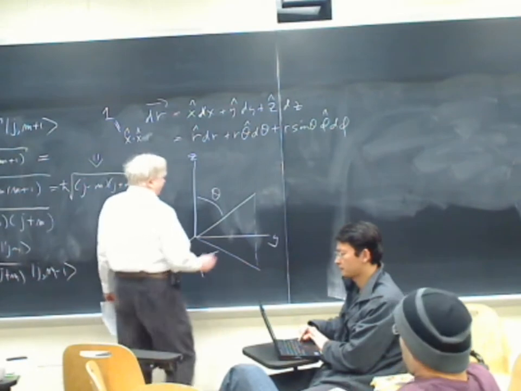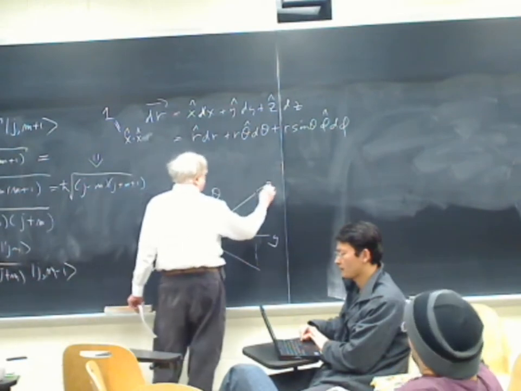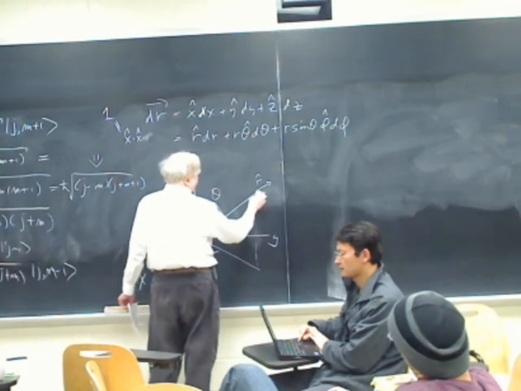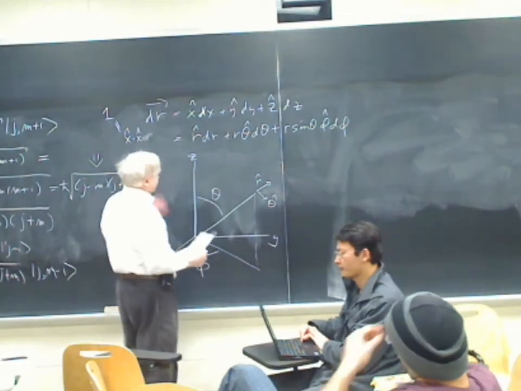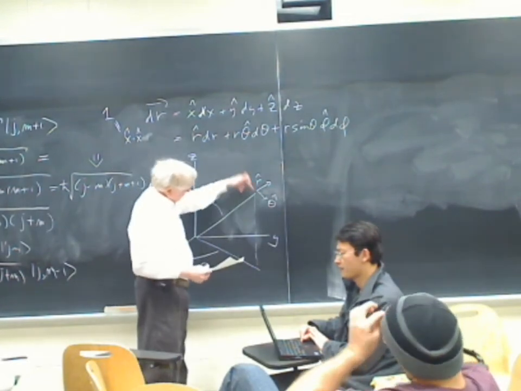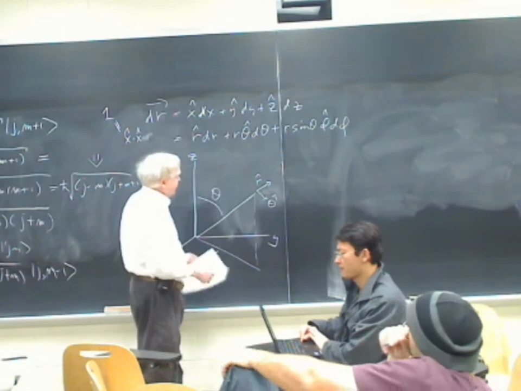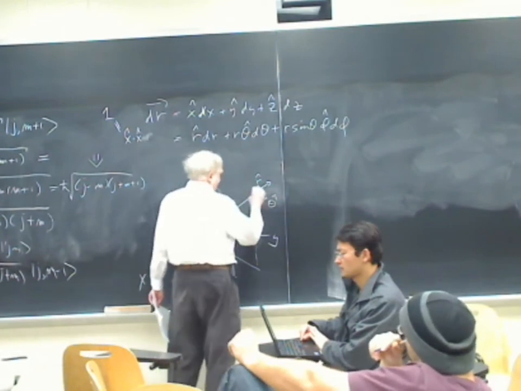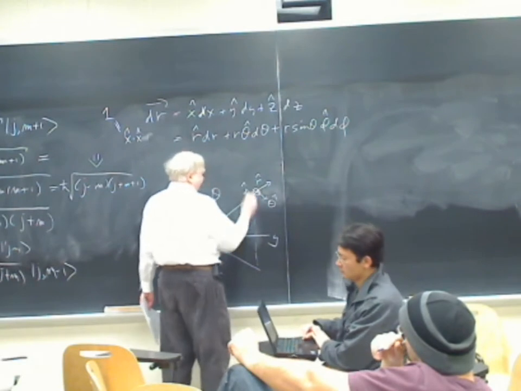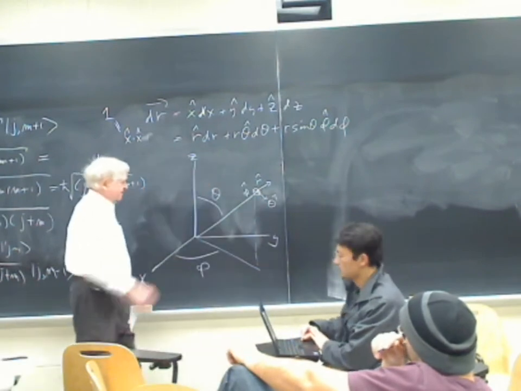And r hat then is a unit vector that points this way. Theta hat is a vector this way, and in fact it's a vector in the direction of increasing theta, and phi hat is what happens when you increase phi, and so phi hat is into the board. Well, not quite into the board, sort of that.